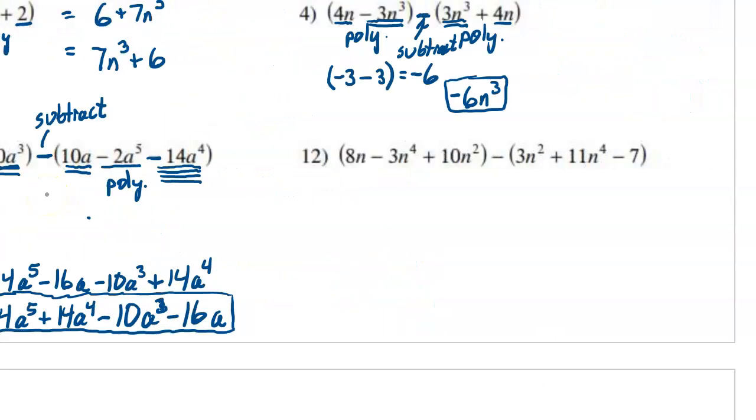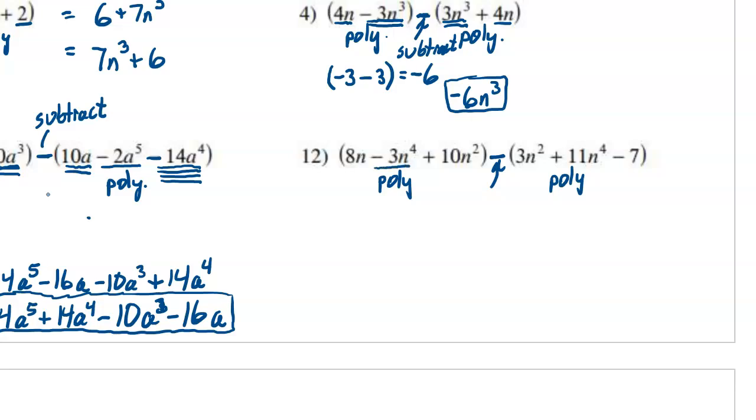Now question 12. There is a polynomial, specifically a trinomial, and another polynomial, and we're subtracting. So this time, so that I don't have to rewrite my answer in order of decreasing degree, I'm going to intentionally start with the highest degree term that I can find. That's an n to the 4th power term.